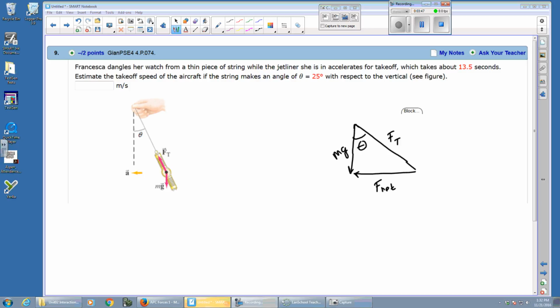F net is also ma, right? So I can say that tan of theta equals opposite, ma, over adjacent, mg. So g tan theta equals a.